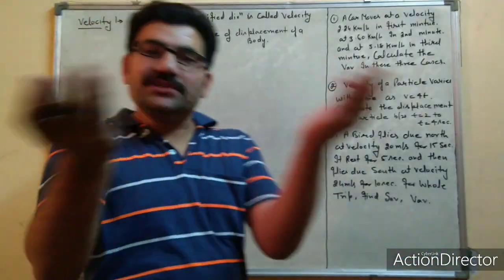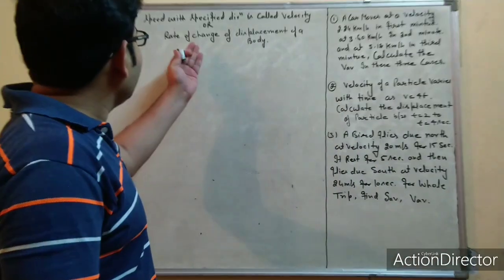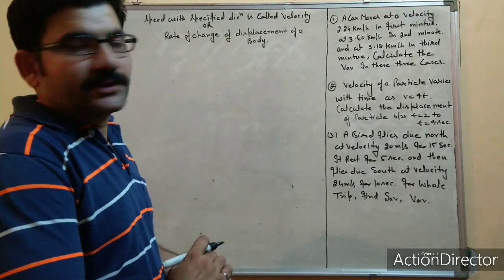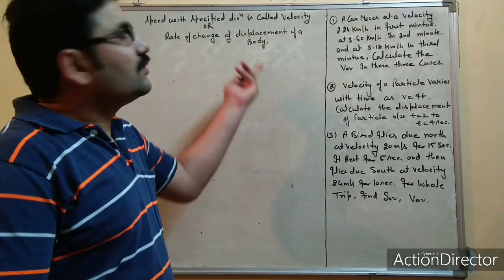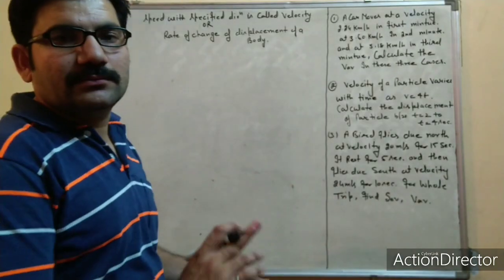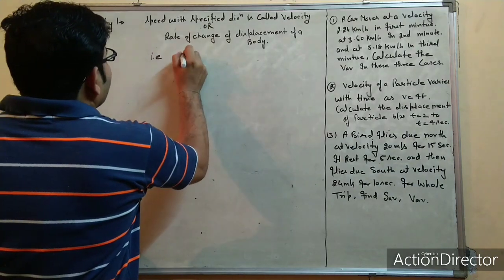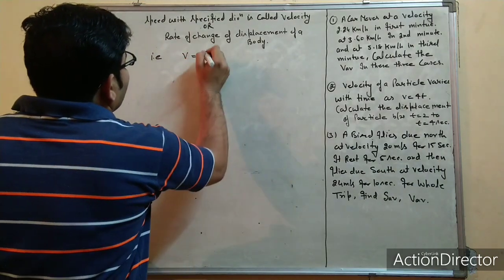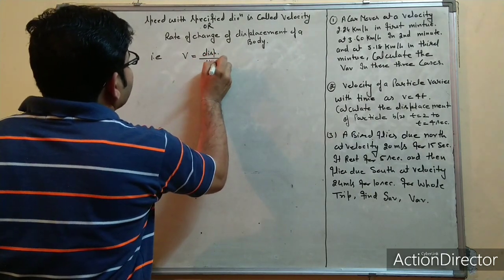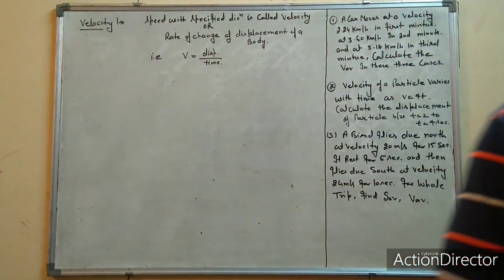Displacement is automatically a changing position, so you can also write changing position here. You can say rate of change of position of the body, or rate of change of displacement. Both are equivalent. It is represented by V and has the formula displacement divided by time. This is the main formula of velocity.